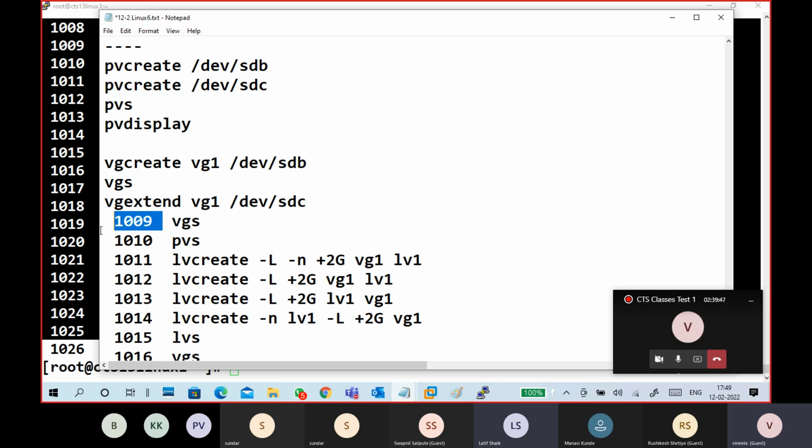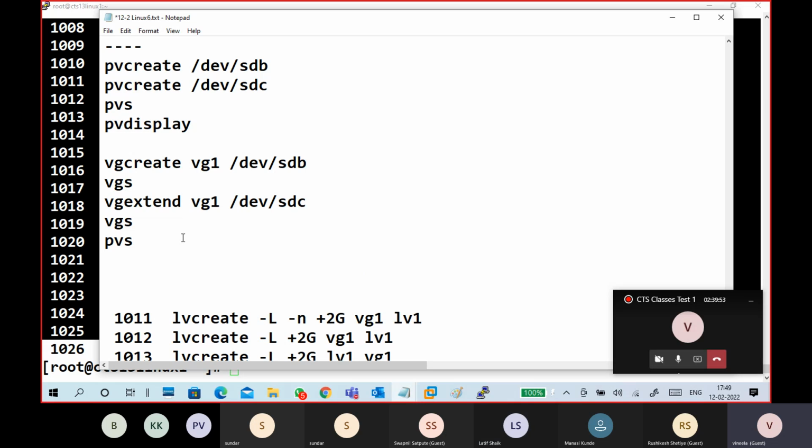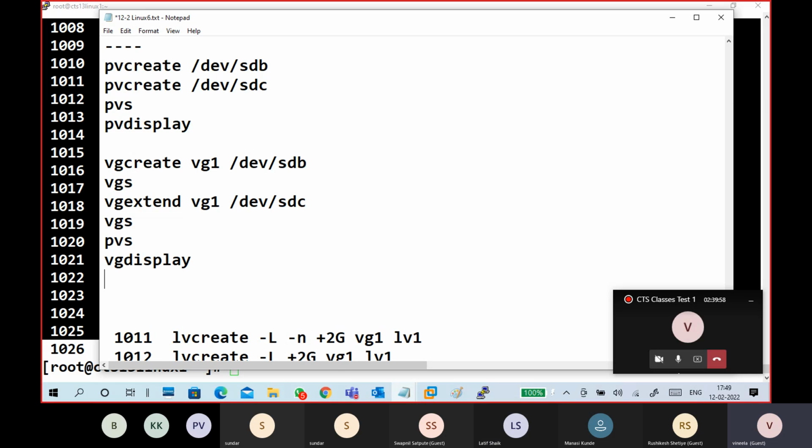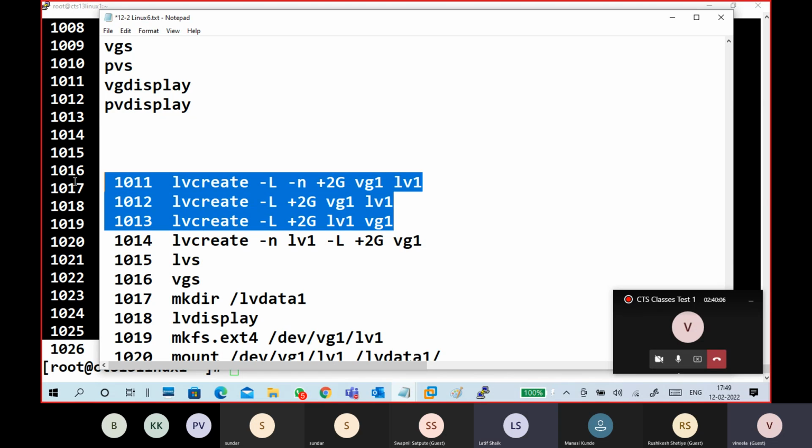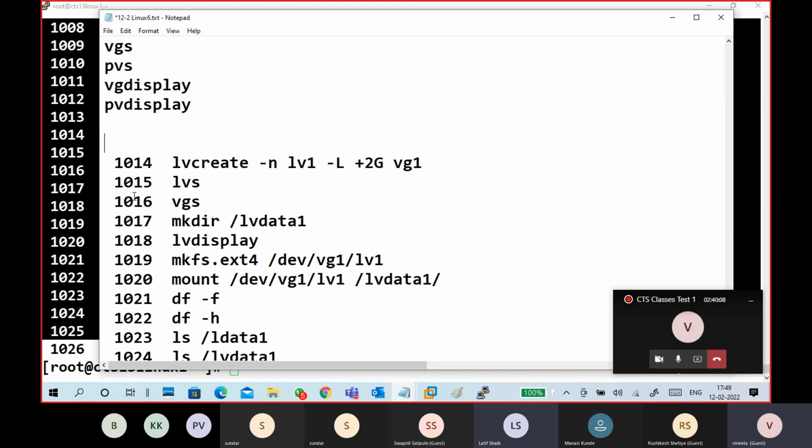So vgcreate, vgs, vgs, vgdisplay, pvdisplay. This is wrong. Okay, next, finally creating a 2 GB volume. So vgs.